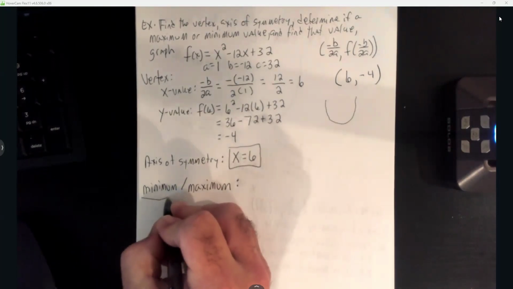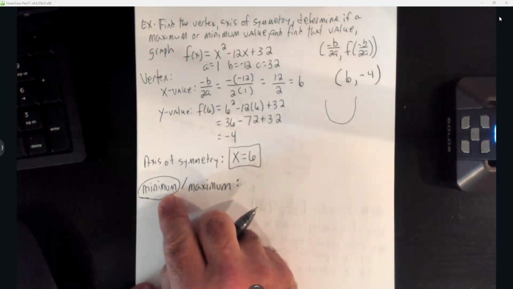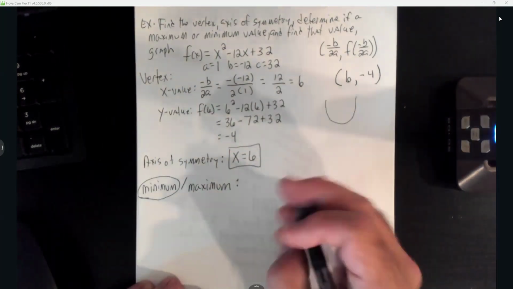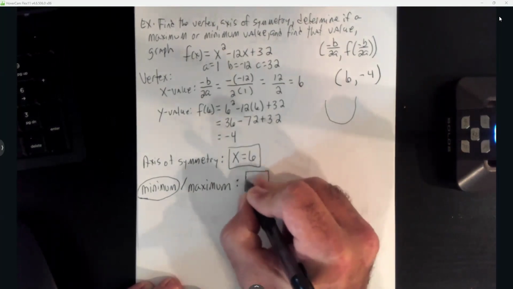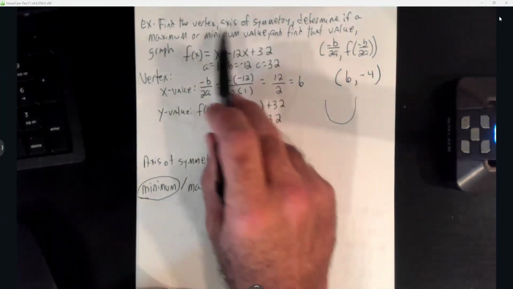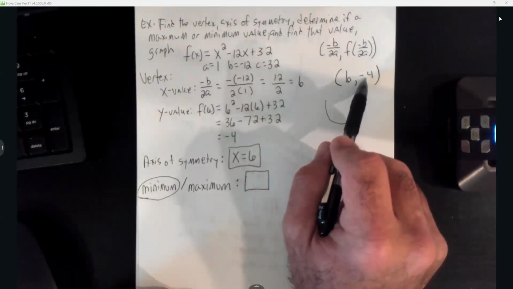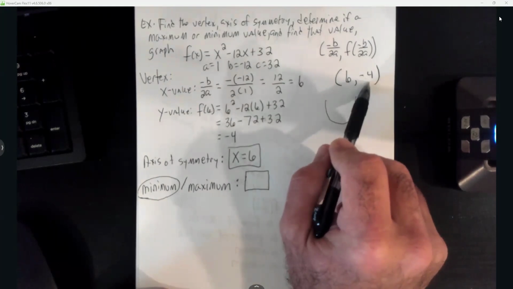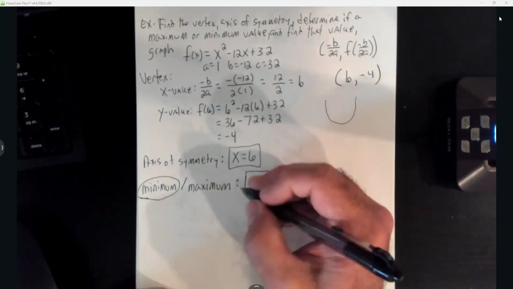So you would circle or check the minimum. Then they want to know what is the minimum value. Well, we said the minimum or maximum value was equal to the y value of this vertex. So I got a minimum value, and it will be -4.